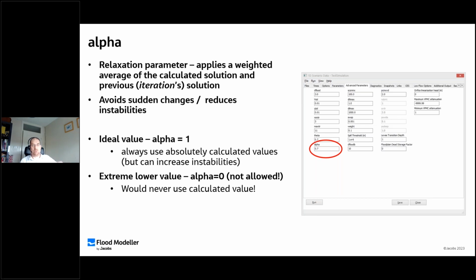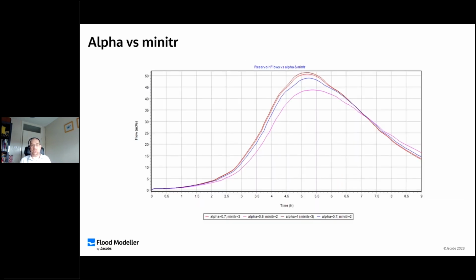However, the more iterations that you do, the more that weighting is drowned out. You're taking more and more of the current time step solution. So as I said, the minimum is or should be a half, the default is 0.7, but if alpha's too low, that can lead to mass balance issues.